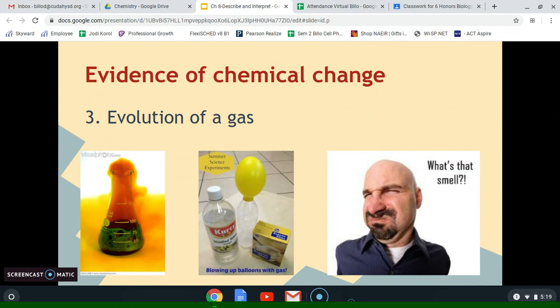In other cases, you can see bubbles forming, as in the case with baking soda and vinegar, or you might not be able to physically see it, but you'll be able to detect it because there will be a change in the odor. It doesn't have to be necessarily noxious, or it could be just the reverse of that. It once had an odor and it doesn't. Now, remember, odor itself is a physical property, but the change in that is an indication of a chemical change.